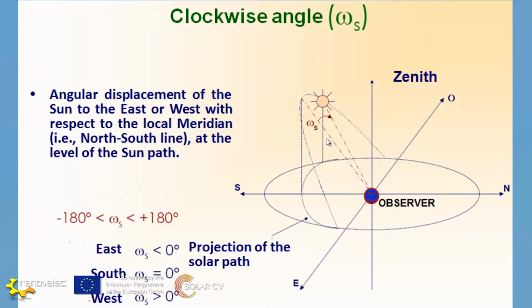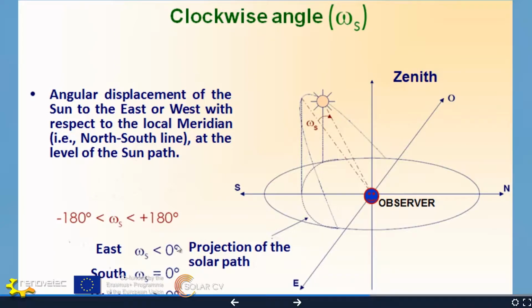So the clockwise angle is the angular distance from here, the local meridian, to this position, and it's going to be lower than 0 if it is measured from the east, it's going to be 0 if the sun is here in the local meridian, and it's going to be higher than 0 if it is in this point.